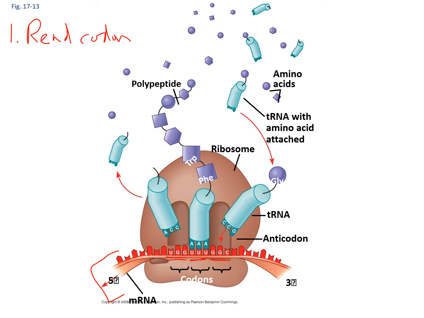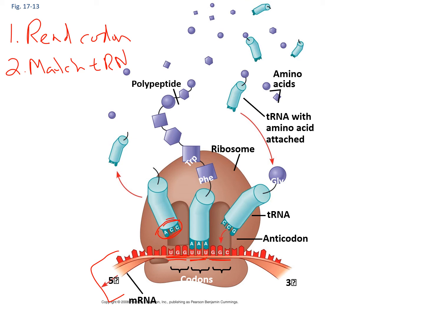Remember, the codon is the 3 nucleotides found in the RNA. Once it reads the codon in the RNA, the second thing it's going to do is match the appropriate tRNA to the codon. The way it matches the appropriate tRNA is by complementary base pairing. So if this is UGG, then the matching tRNA would be ACC, a complementary RNA sequence.